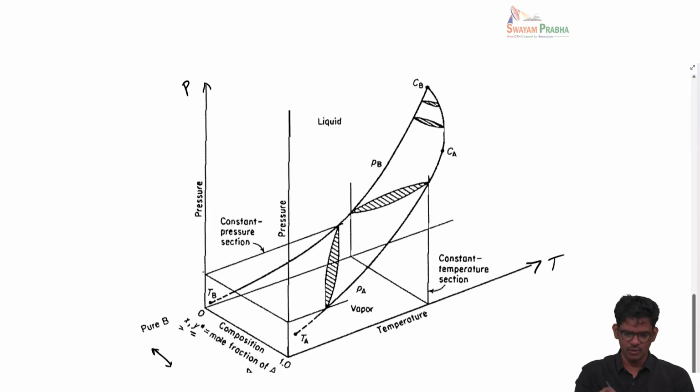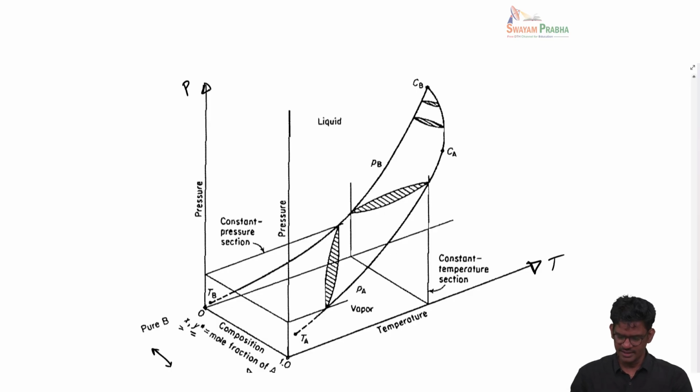So pressure goes up in this particular axis, temperature goes in this axis, and the composition starts from X equal to 0 here and X equal to 1, or Y equal to 0 to Y equal to 1. It's a little bit complicated plot because it's 3-dimensional.